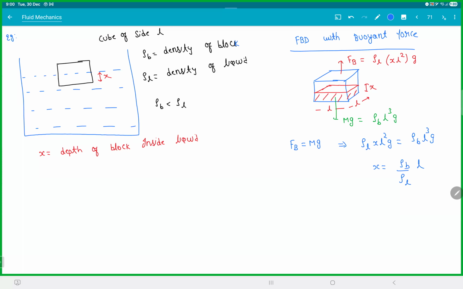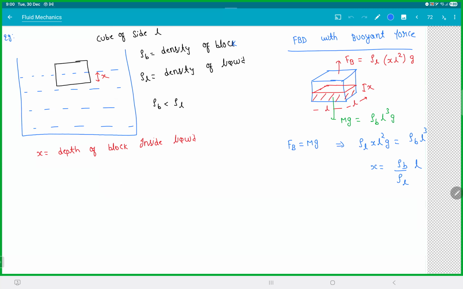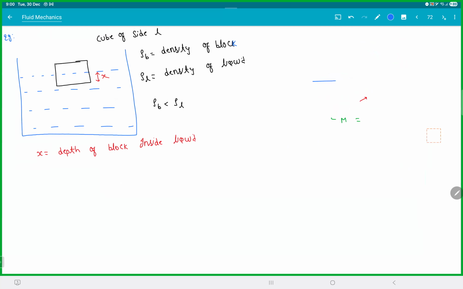Same question if I do it with pressure. Now, the moment you want to find pressure, don't talk about buoyant force.